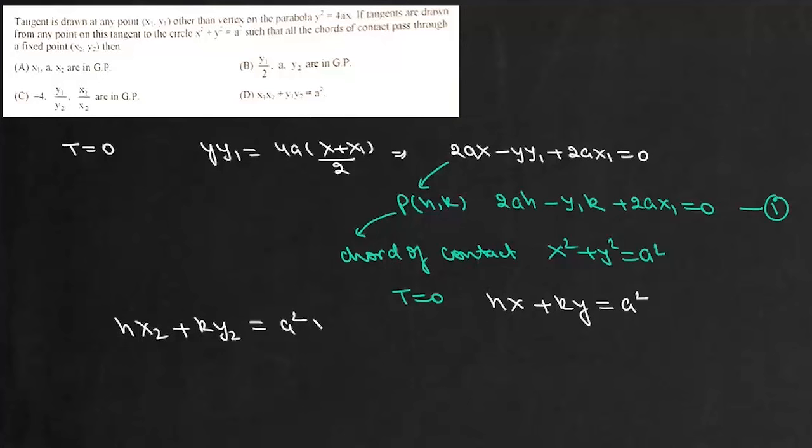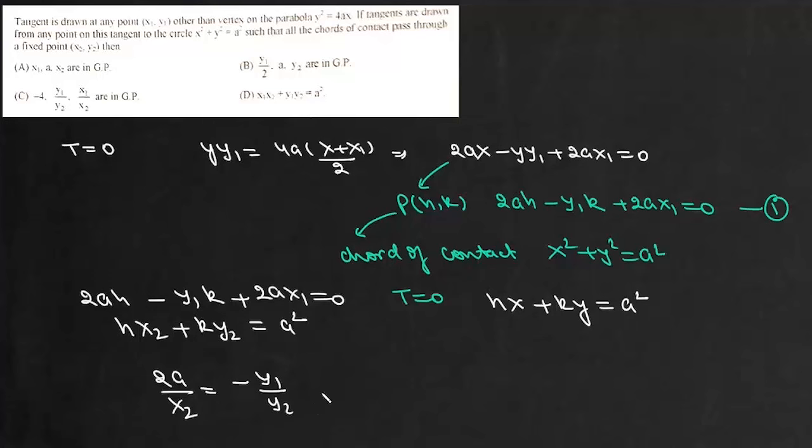Now these two equations represent the same line. So we'll have 2ah - y1 k + 2ax1 = 0. So from here we can write 2a/x2 = -y1/y2 = 2ax1/(-a^2).